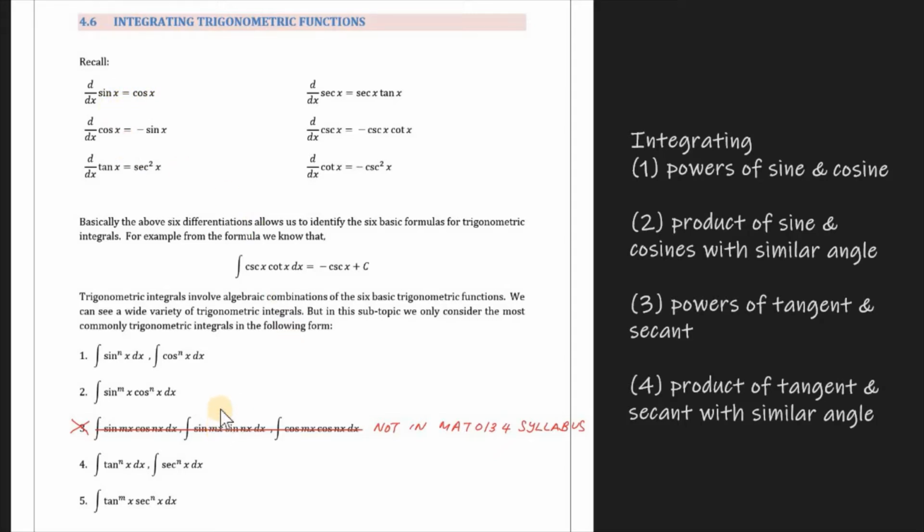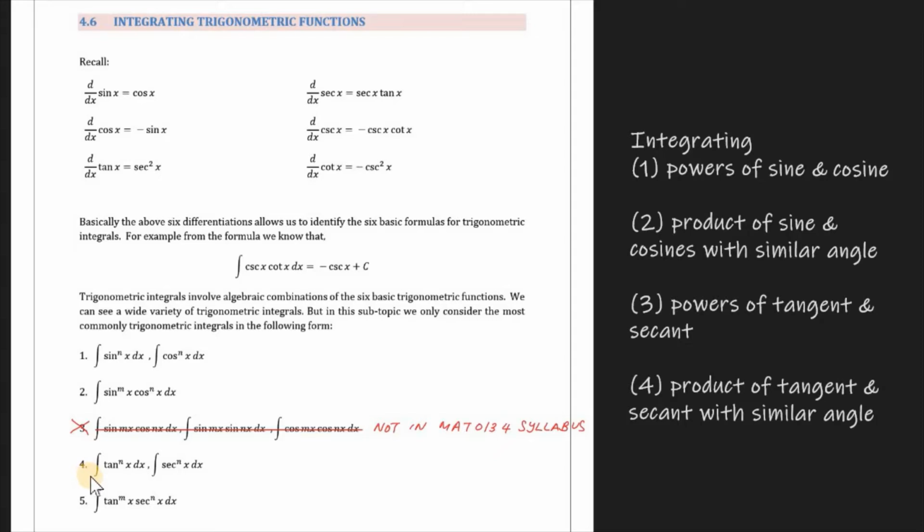However, in this chapter, we will learn the powers of sine and cosine. Number 2, the product of sine multiplying by cosine with a similar angle. Number 3, sine of mx, a double angle or triple angle, is no longer in our math 3 syllabus, so we are going to skip them.